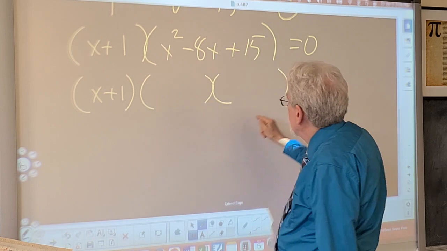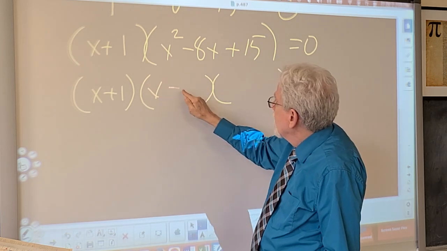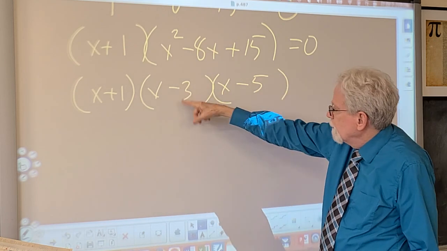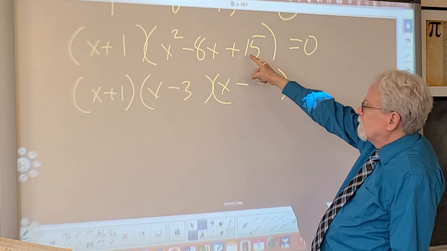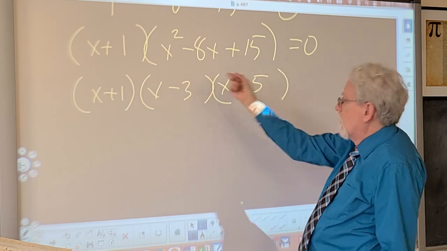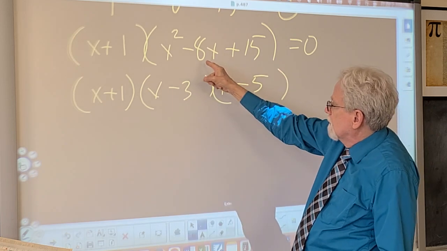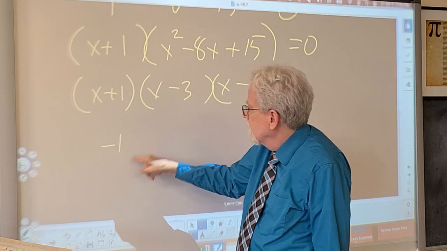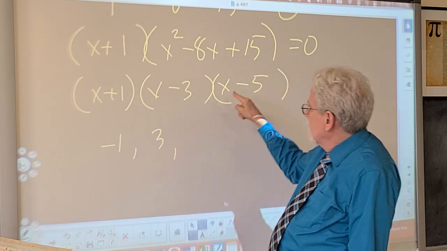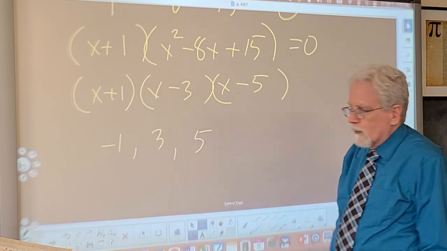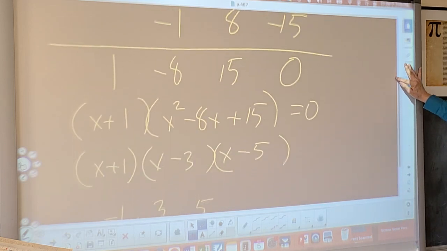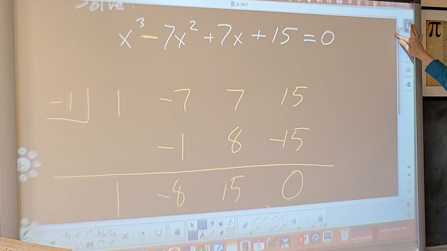Factoring this, we have x minus 3 times x minus 5, because -3 times -5 is positive 15, and -3 plus -5 is -8. So our solutions are -1, positive 3, and positive 5. Not bad. Pretty impressive looking, but not bad at all.